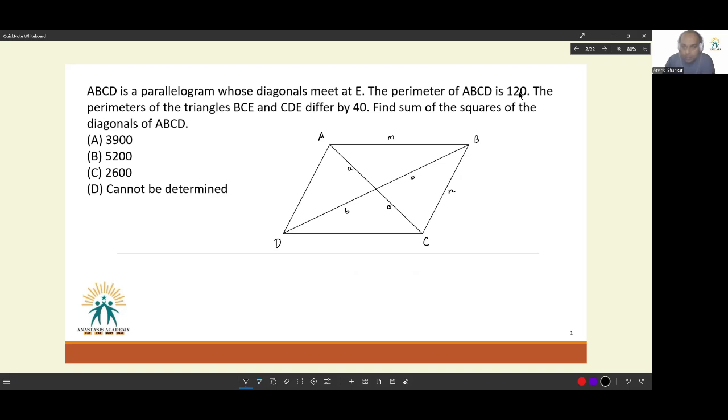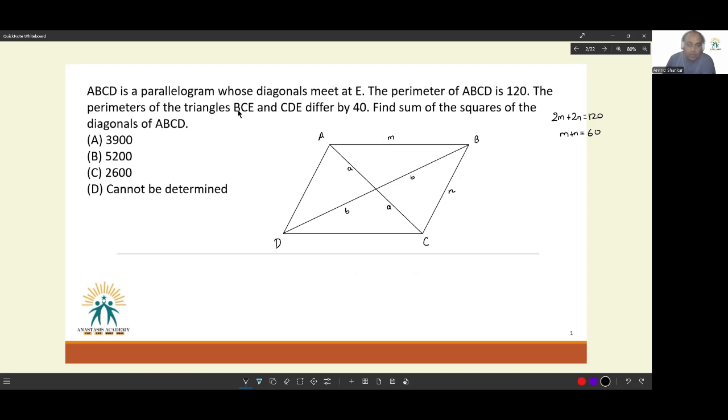Perimeter of ABCD is 120, which means 2M plus 2N is equal to 120, or M plus N is equal to 60. This is known.